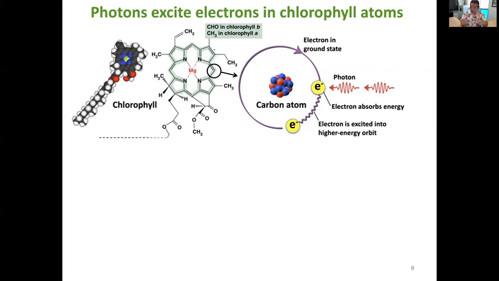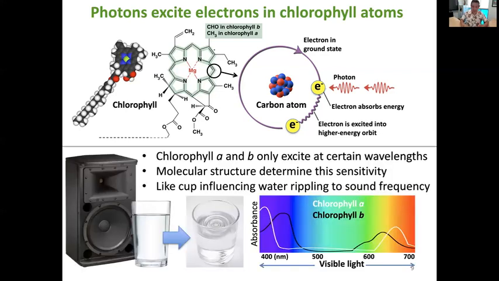That's why this structure is so important for determining which wavelengths of light this molecule is most sensitive to. Think about it this way: chlorophyll A and B will only get excited at certain wavelengths of light hitting them, and it's a function of its particular molecular structure.